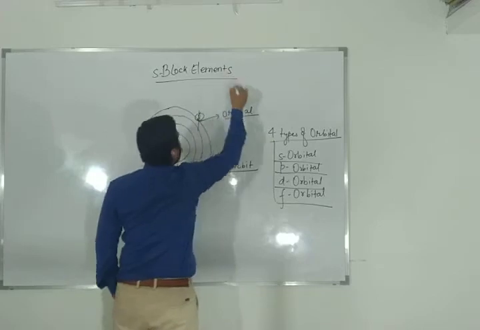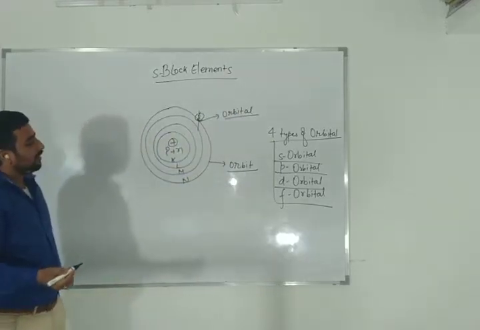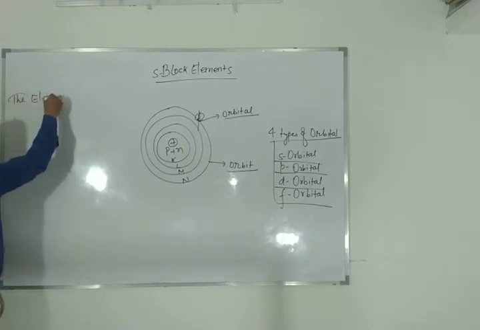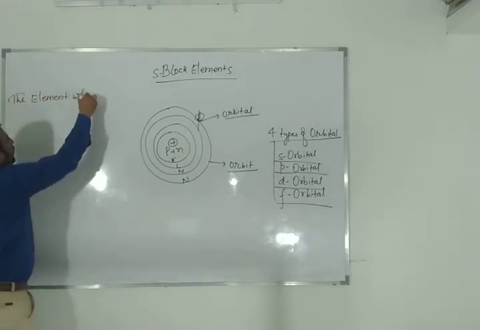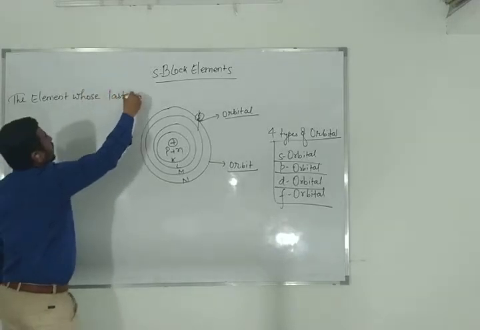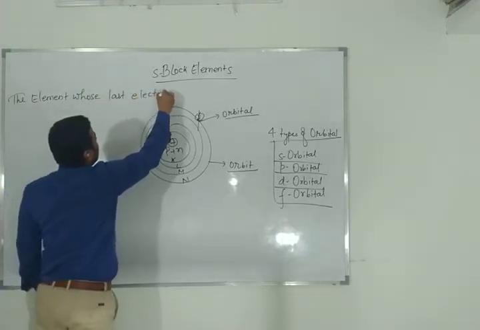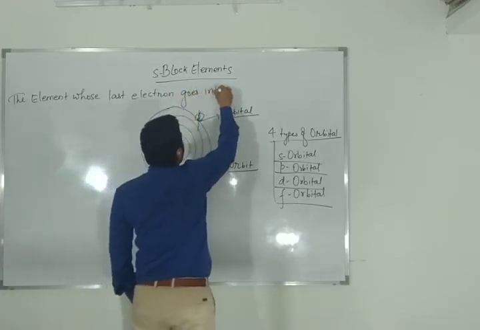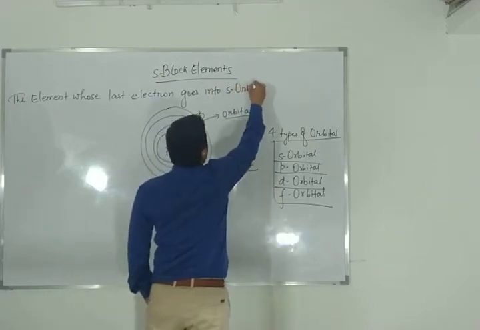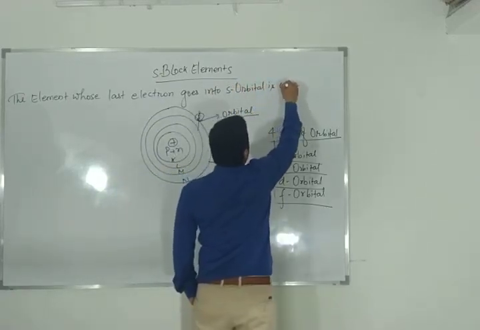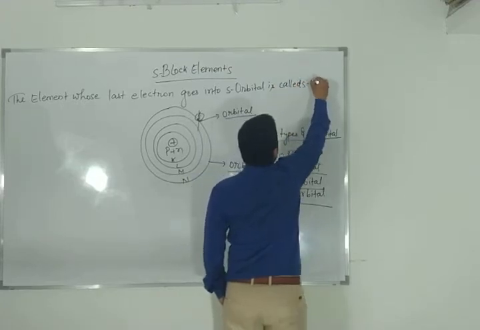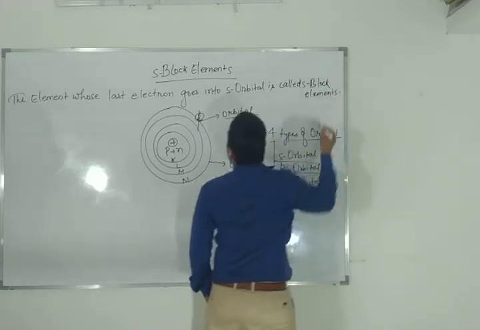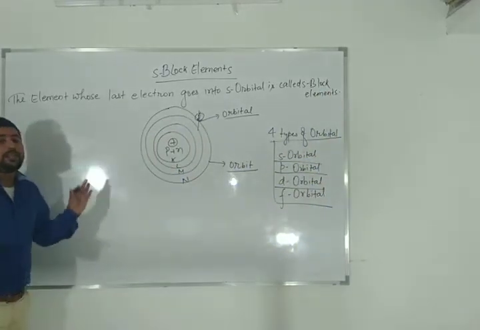Why have I taught you all these things? Because there was a reason. What are s block elements? The element whose last electron goes into the s orbital is called an s block element. Now you have understood what s block elements are. Why have I taught you all these things from the basics?